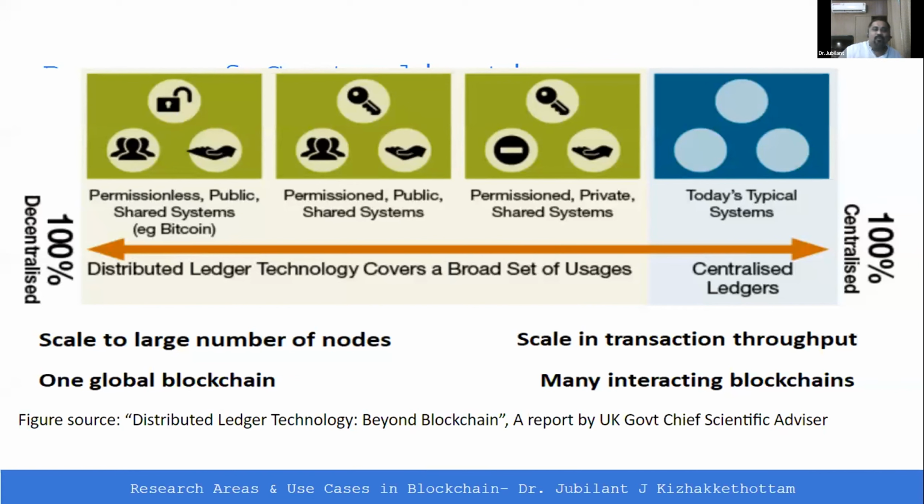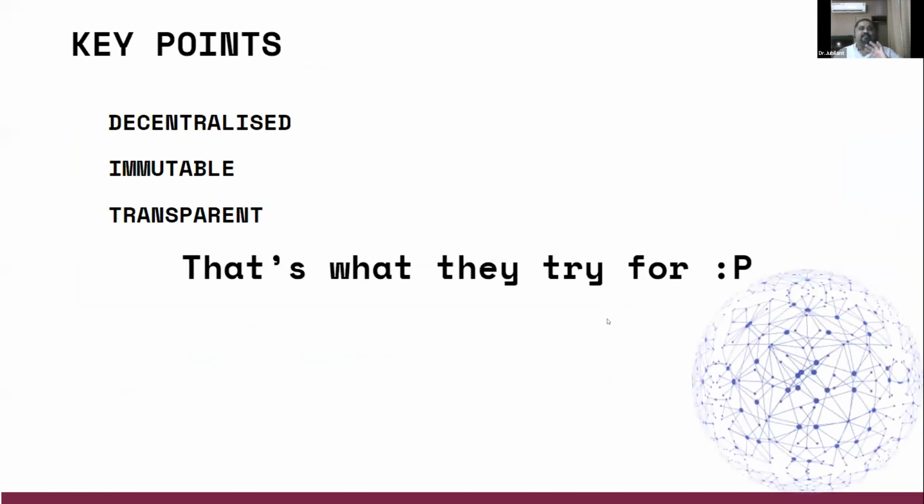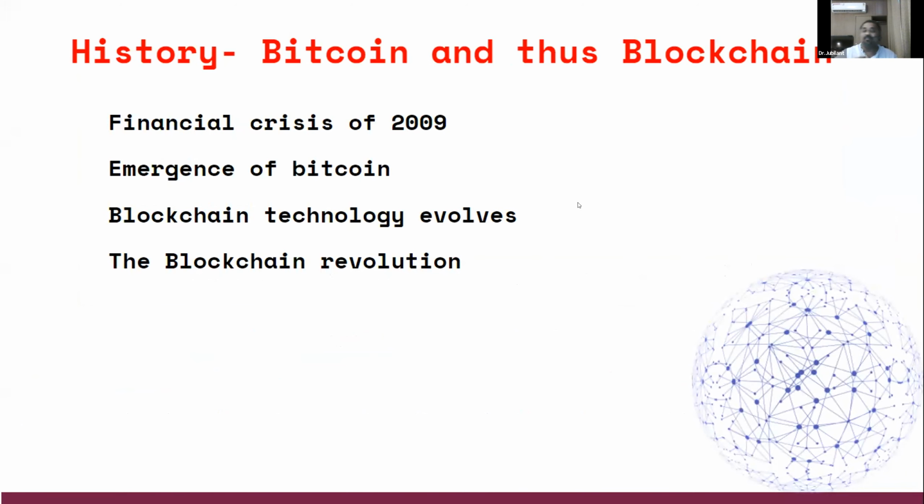Now we have various types of blockchains: permissionless public shared blockchains like Bitcoin, then permissioned public shared blockchain systems, where decentralization is to a lesser extent, and permissioned private blockchains where very confidential systems are handled and no external entities are given intrusion, and also ledgers with 100% centralization. The key points are that it is decentralized, immutable, and transparent, which makes blockchain a wonderful thing.